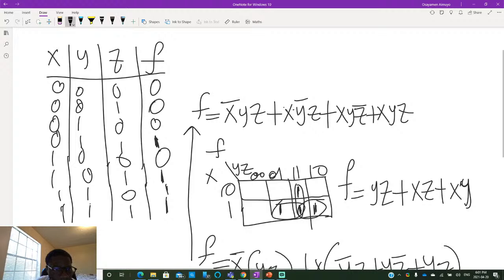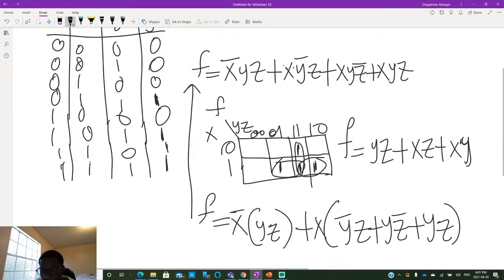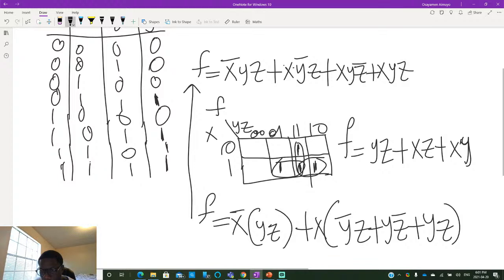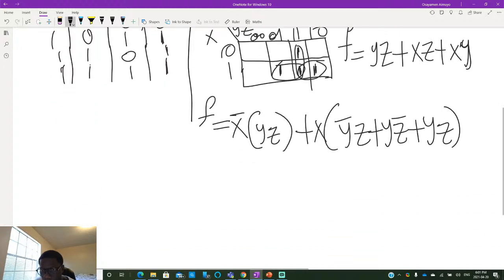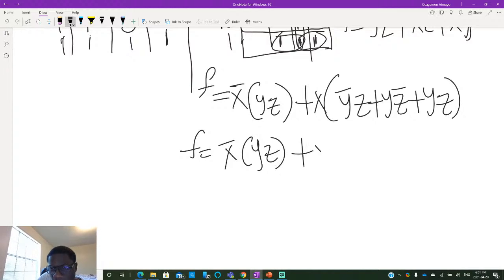Yeah, okay. Or z. And then we can also see that we can simplify the expression that we have within this parentheses.